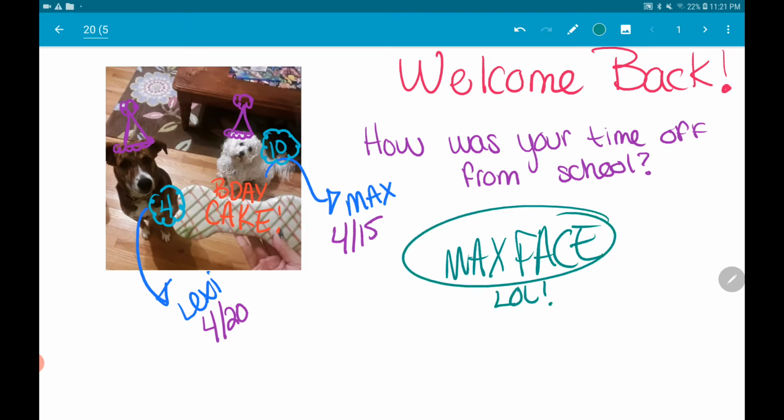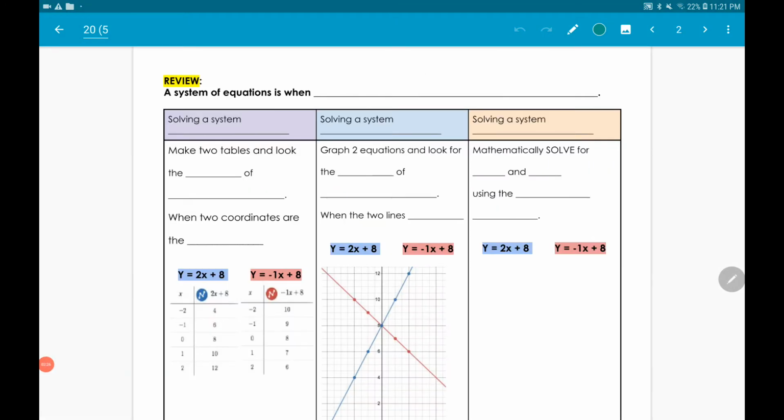All right. Enough messing around, Miss Mish. Let's get to the business. All right. So let's recap. So, before break, we talked about systems of equations. So what is a system of equations? It's when we put more than one line together.